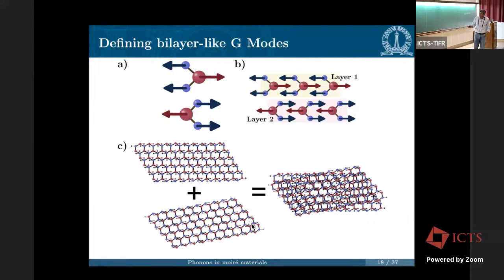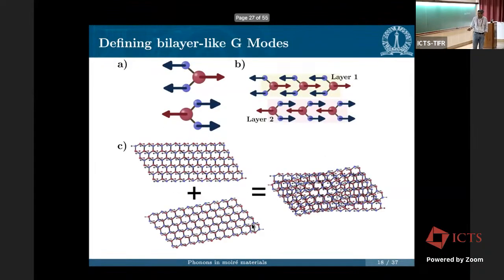So for the twisted bilayer, essentially all I'm going to do is put this displacement on one layer, put this displacement on the other layer, and then just put them together. Okay, that's what I'm going to define as the G mode. Now I'm going to call it the EG-like mode, right? Because it's clearly not EG, because this would have been EG only in the case of a unit cell with 6 atoms. But nonetheless, it seems like a reasonable thing to do, at least to us.